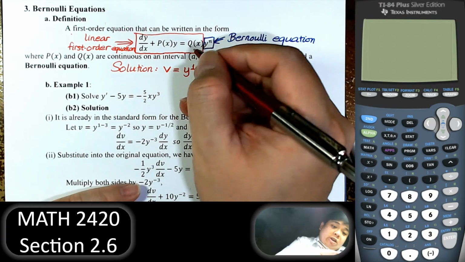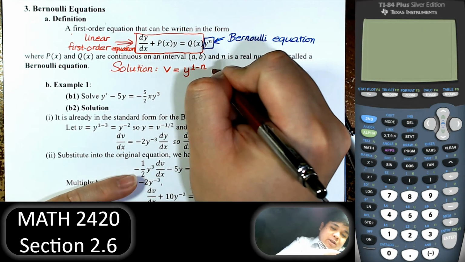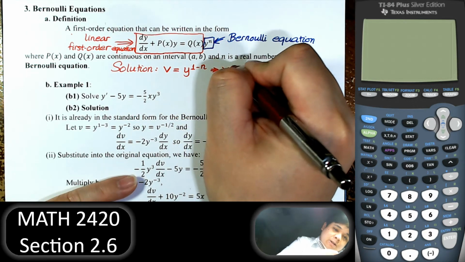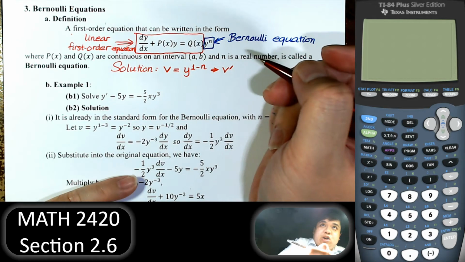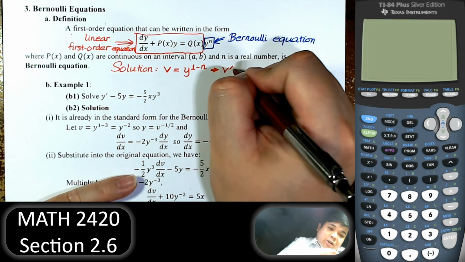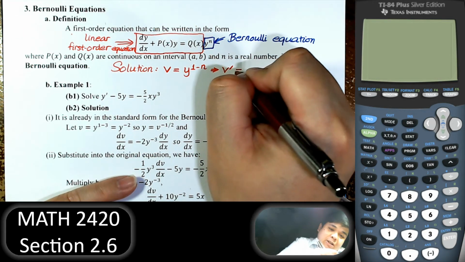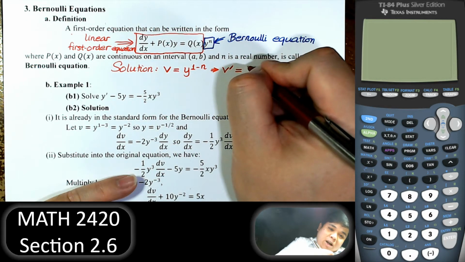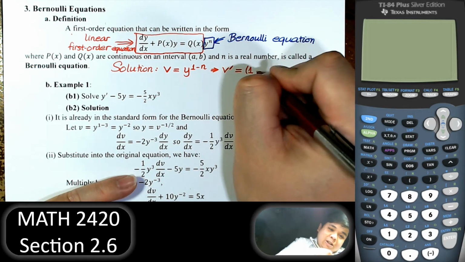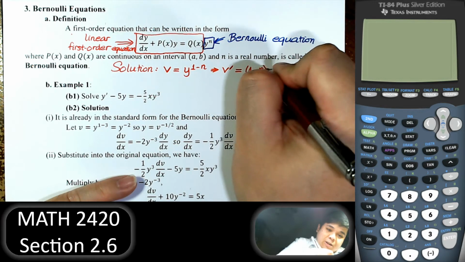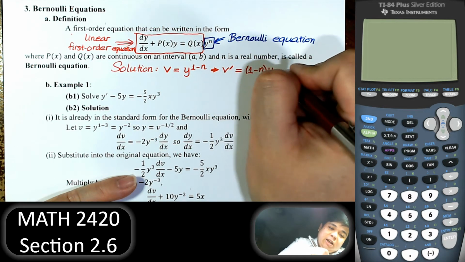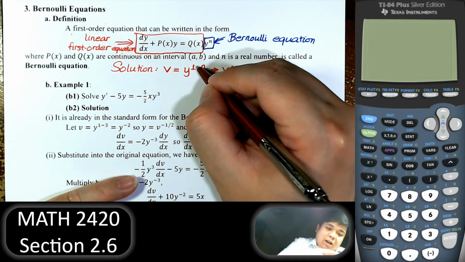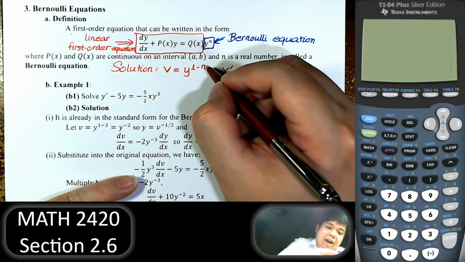We can take the derivative of both sides. And this is the chain rule. Derivative of that is 1 minus n times y to the 1 minus n minus 1.